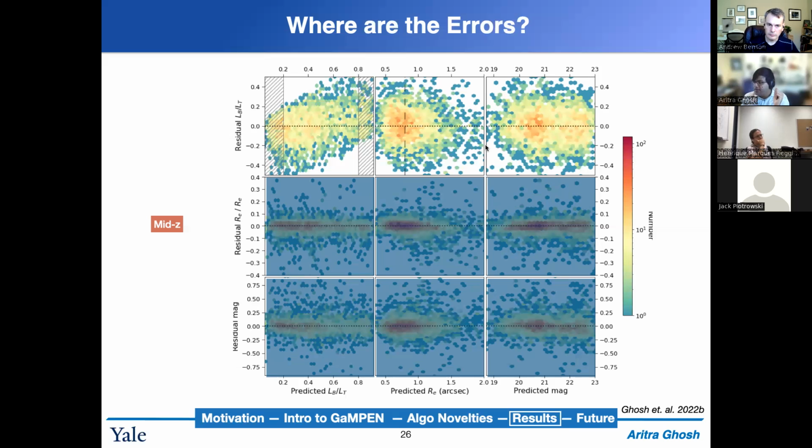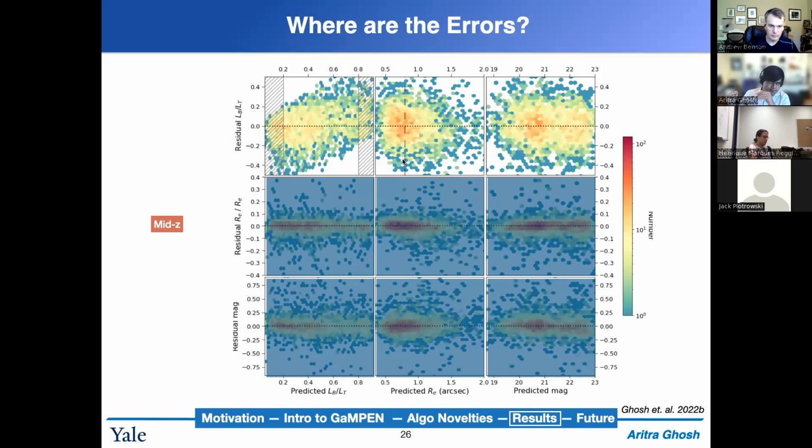On the radius, you see again, as with the bulge to total light ratio, that as we go towards lower values of radius, the width, essentially the residuals, increase. That is, for galaxies which are increasingly smaller, we are making predictions which diverge from what we obtain by light profile fitting. And this is not totally unexpected. This dashed line over here shows you where the median seeing is for Hyper Suprime-Cam.